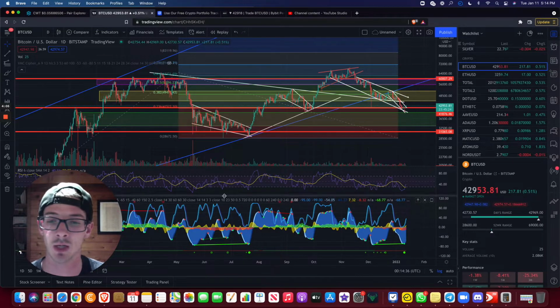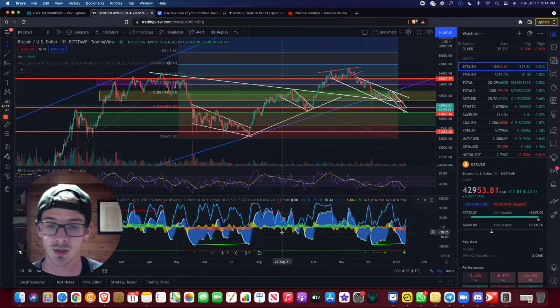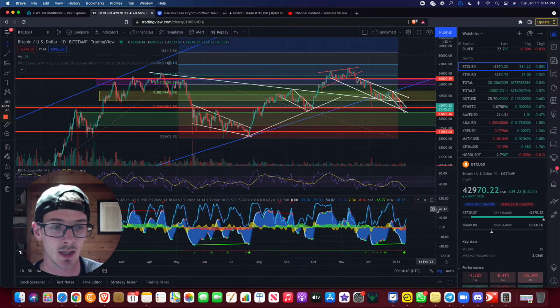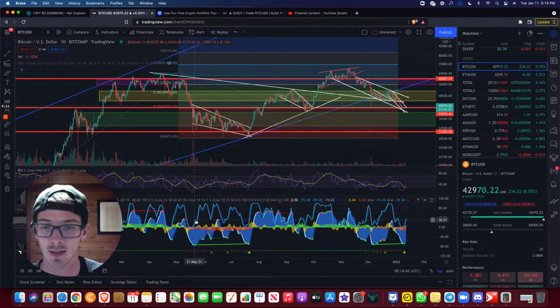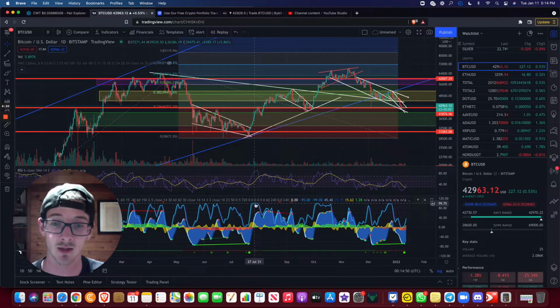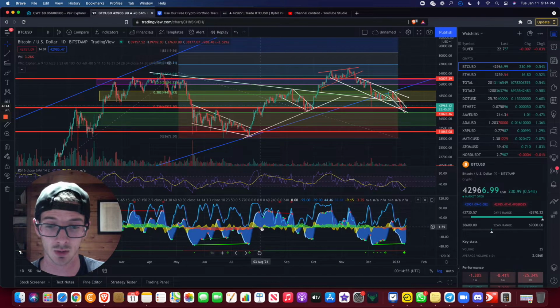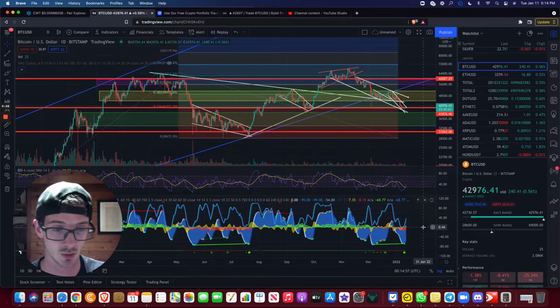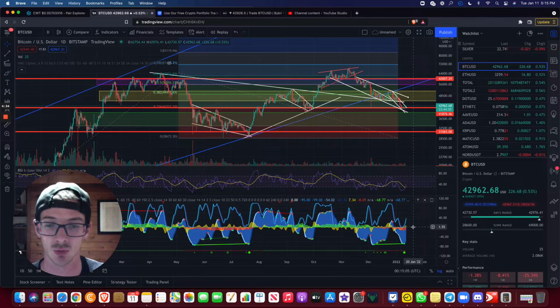So let's just talk about Market Cypher as a whole to start with. Down here at the bottom of the screen, we've got this blue and purple line. This is the stochastic RSI. The higher it gets up here, if it ever gets up to 100, that is obviously very, very overbought territory. As it gets down closer to this neutral line here, this scale goes from 0 to 100, so when it gets down closer to that 0 mark, that is where it would be extremely oversold.